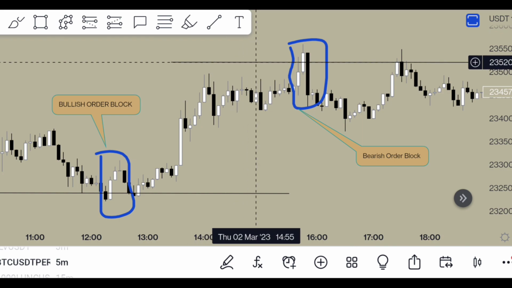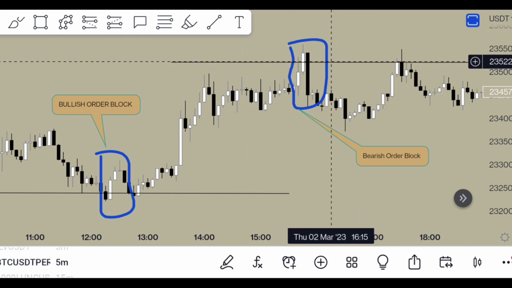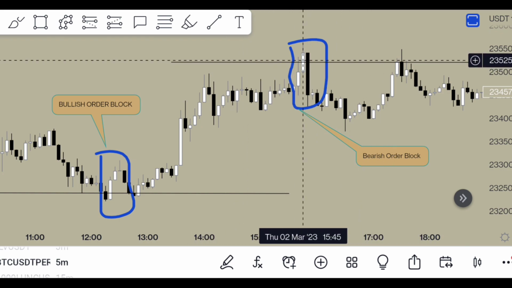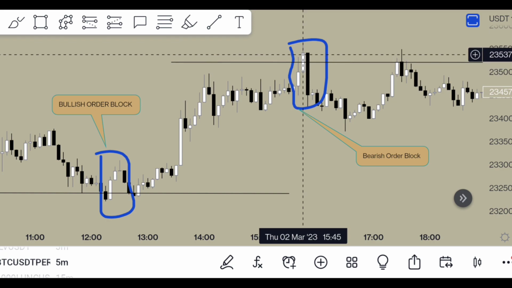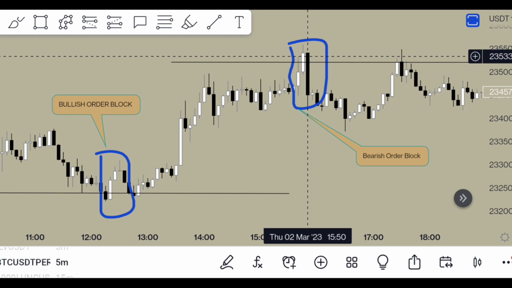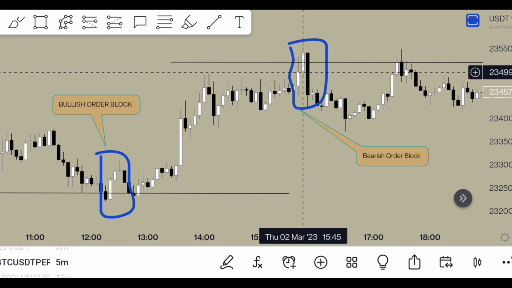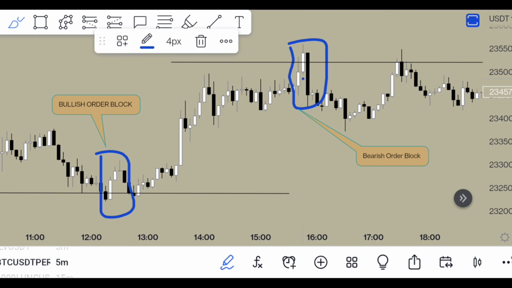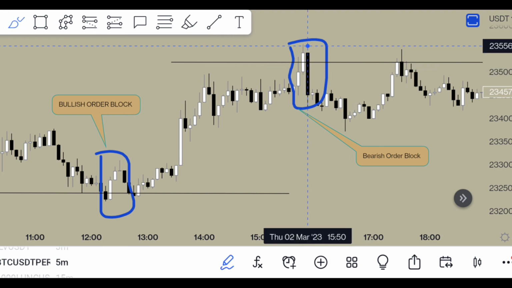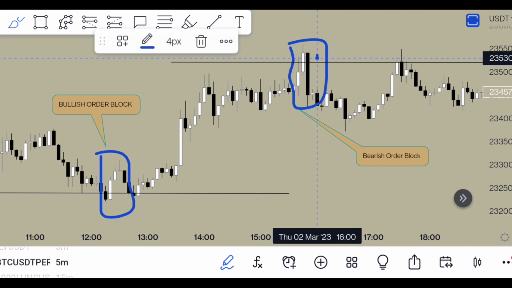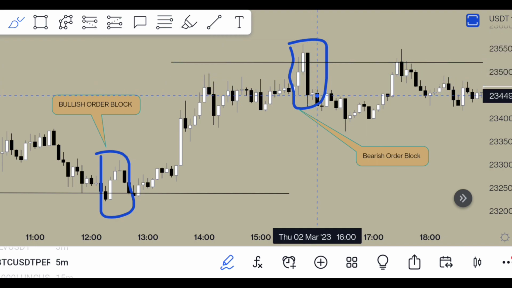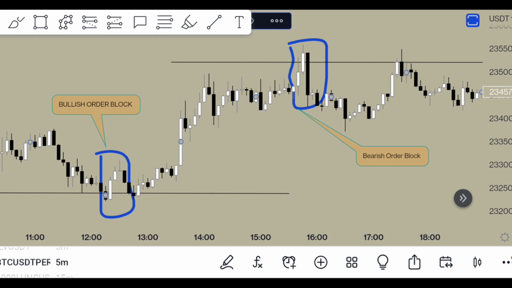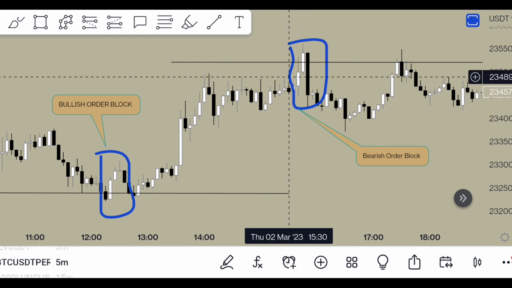You can see this line, this is the resistance zone, and a candle on the 5 minutes time frame closes above it, just like this white candle, and then the next immediate candle will close below that up closing candle. Okay, so we got this candle, it closed above the resistance zone, and then the next candle closed below that white candle. So we need a structure like this.